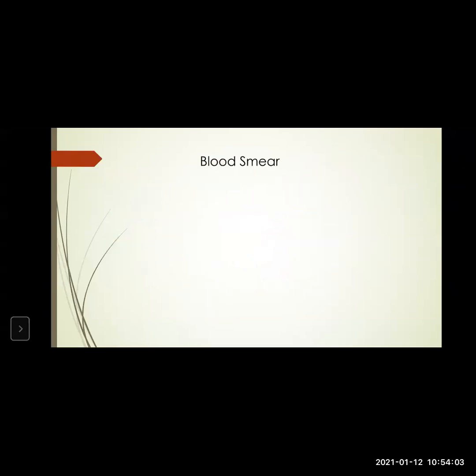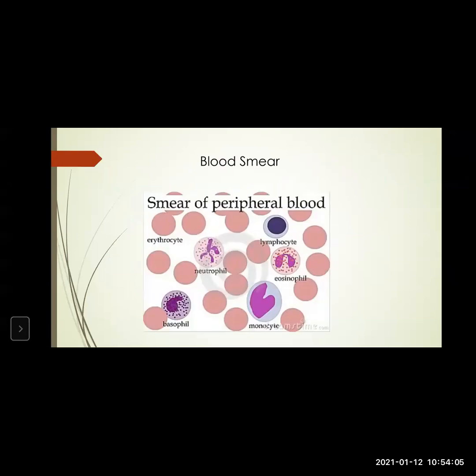Okay. Now, if you see, this is a slide of a blood smear. Now, what is a blood smear? How is it prepared? We just have to take a glass slide, take a drop of blood on it, and prepare a very thin layer of that blood.